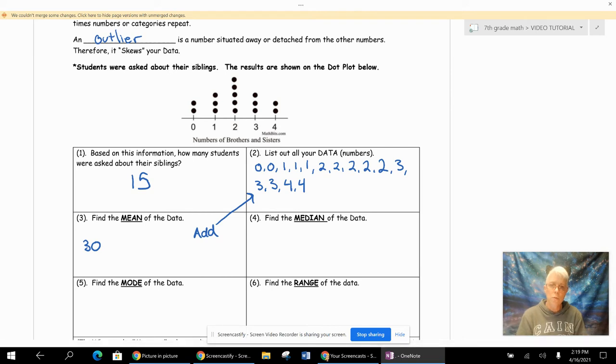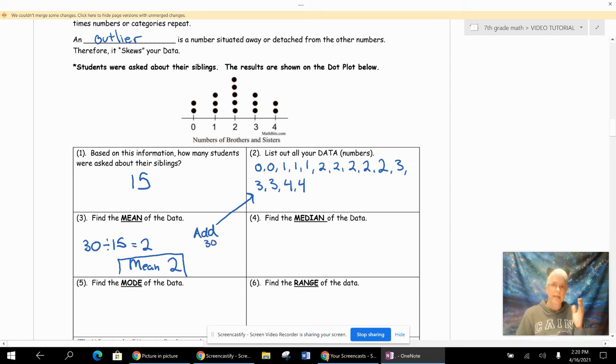How many students were there? There were 15 students. So I'm going to divide 30 by 15 and I will get 2. So the mean average, the average number of siblings people have, is 2.